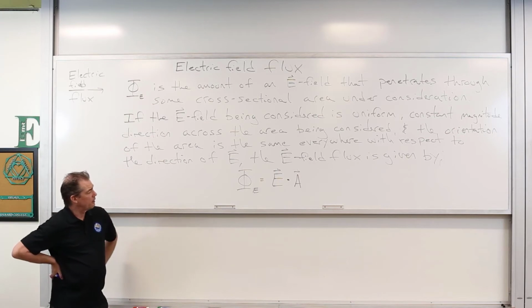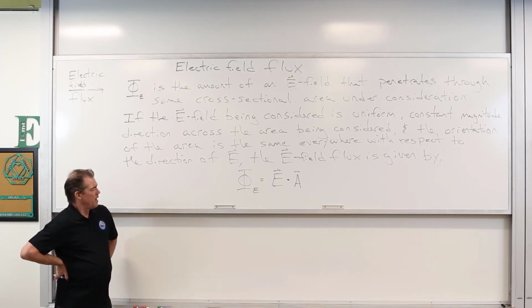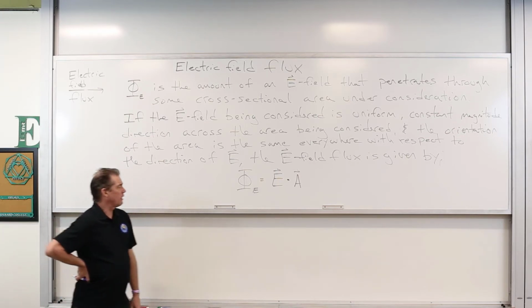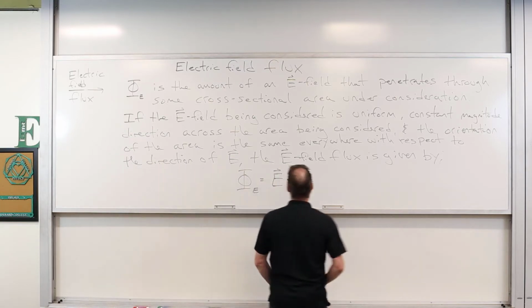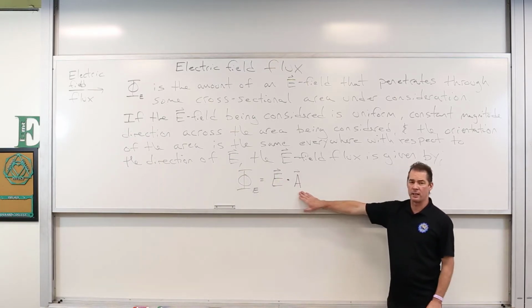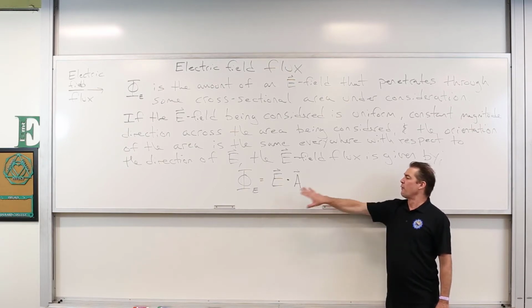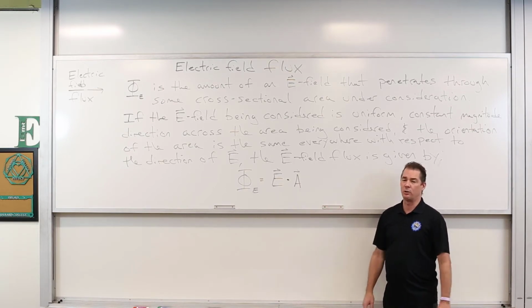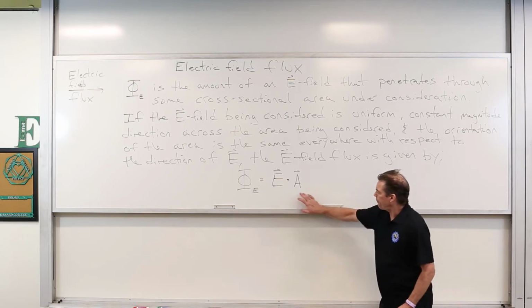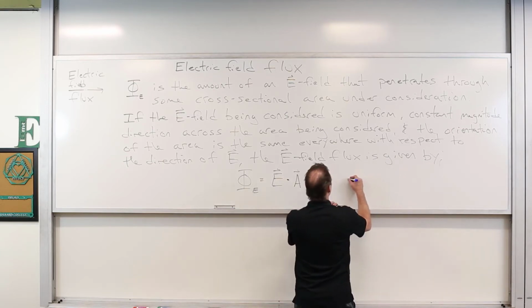All right, so let's take a little bit of a look at this. This, again, is only if the electric field's orientation is the same everywhere with respect to the orientation of the area vector, and the electric field is uniform over that area, constant in magnitude. So, area vector, let's do this.